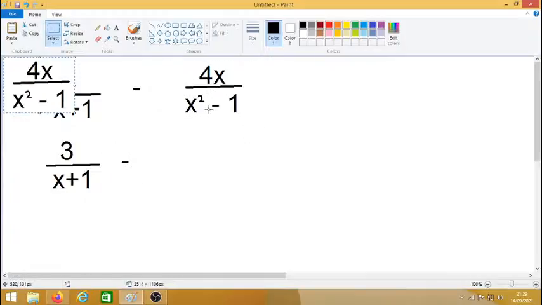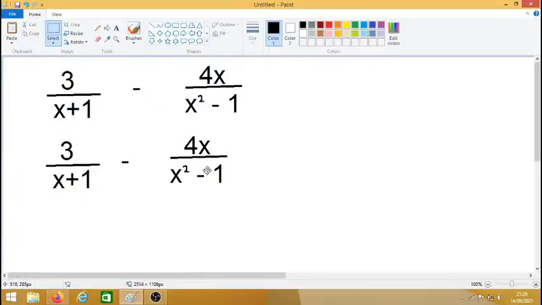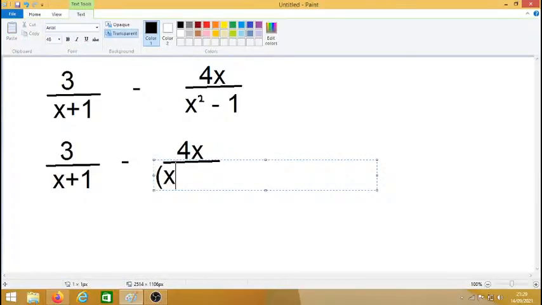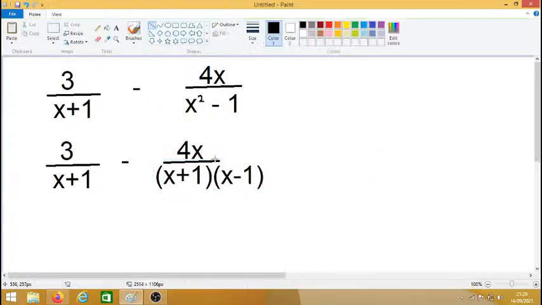Instead of x squared minus 1, I'm going to take that out, and I'm going to have double brackets as x plus 1 and x minus 1. That's my difference of two squares expansion.